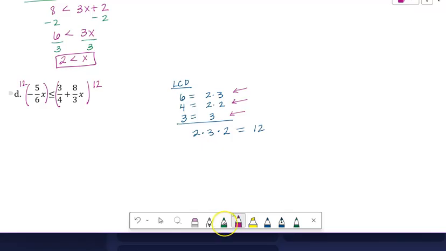When you're multiplying by a whole number, what you want to do is think about dividing first. 6 goes into 12 twice, and then the 2 is going to multiply by the 5, so that's going to be a negative 10x. So I divide first. 6 divides into 12. I have a 2 left over. 2 times negative 5 is negative 10. Let's go over to the other side.